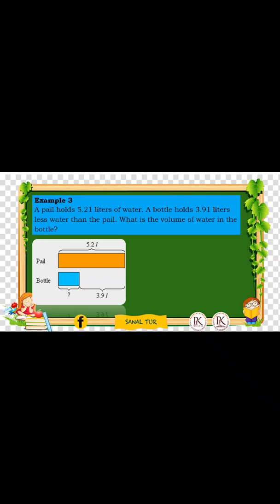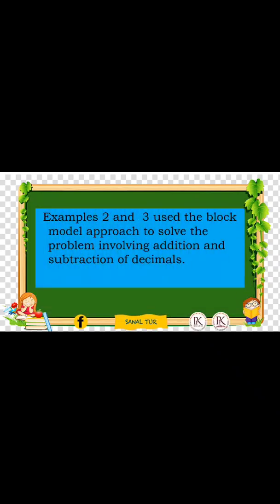Yes, very good. We are going to use subtraction. So 5.21 less 3.91, that will give us 1.3 liters of water. That is now the volume of water in the bottle.